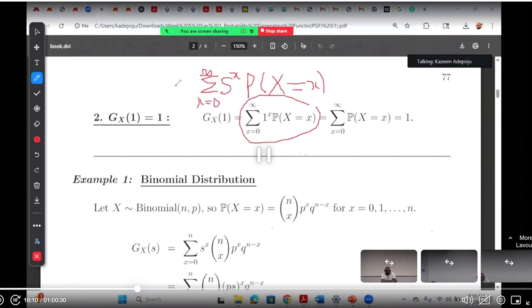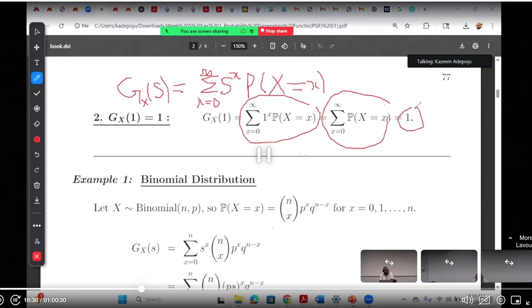This is the formula for g of s, right? Now, when I plug in 1, oh my God, what is the sum of probability? Sum of probability is 1. Exactly. That's why you have this.